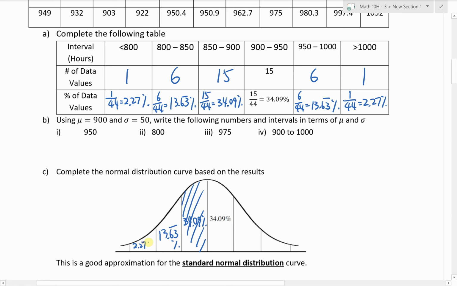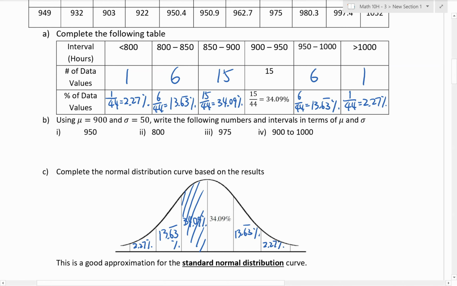That's 2.27%. Same thing here, 13.63 repeating percent, and then 2.27%. So again, each region represents the area, which is the probability that the light bulbs will last between those hours. So that represents the probability.